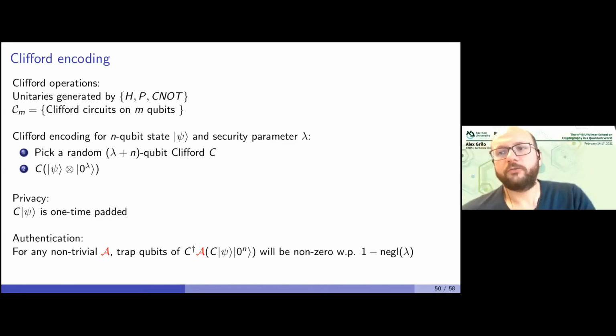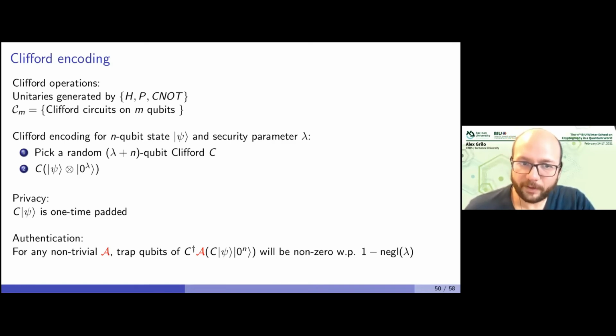But more importantly, we don't only have privacy, we also have authentication. This means that no matter what an adversary does on a Clifford encoding of some state psi, whenever we undo the encoding, by applying the inverse of this Clifford, the traps are 0 with high probability if and only if the malicious operation is trivial, meaning that they didn't do anything.